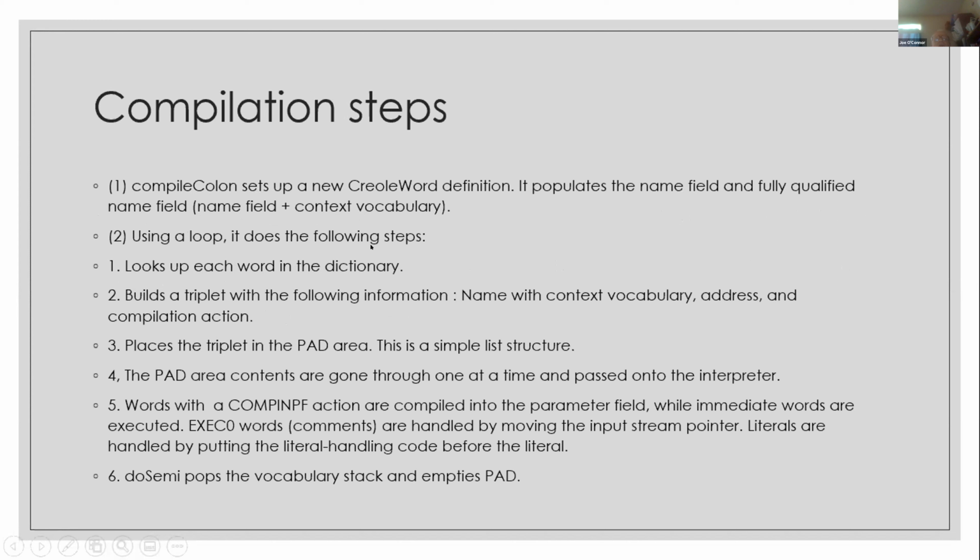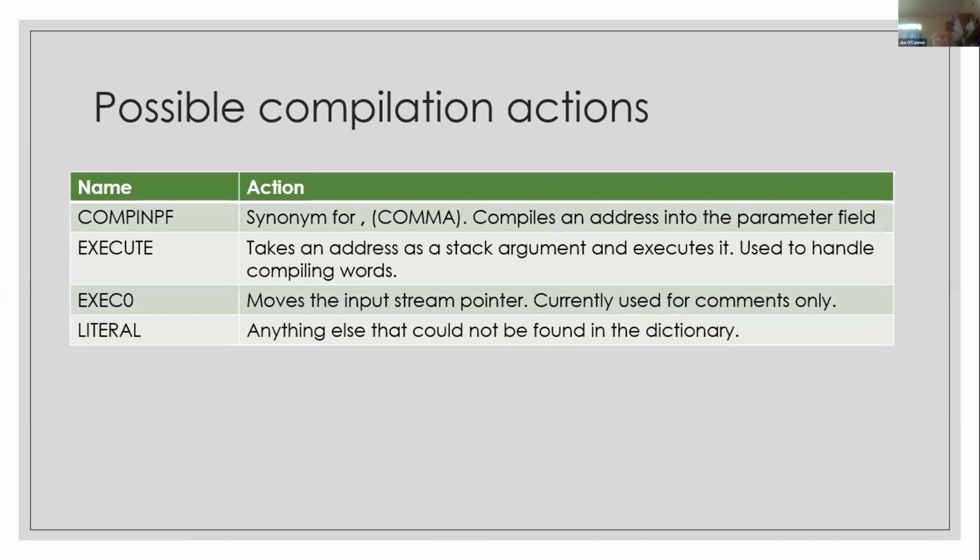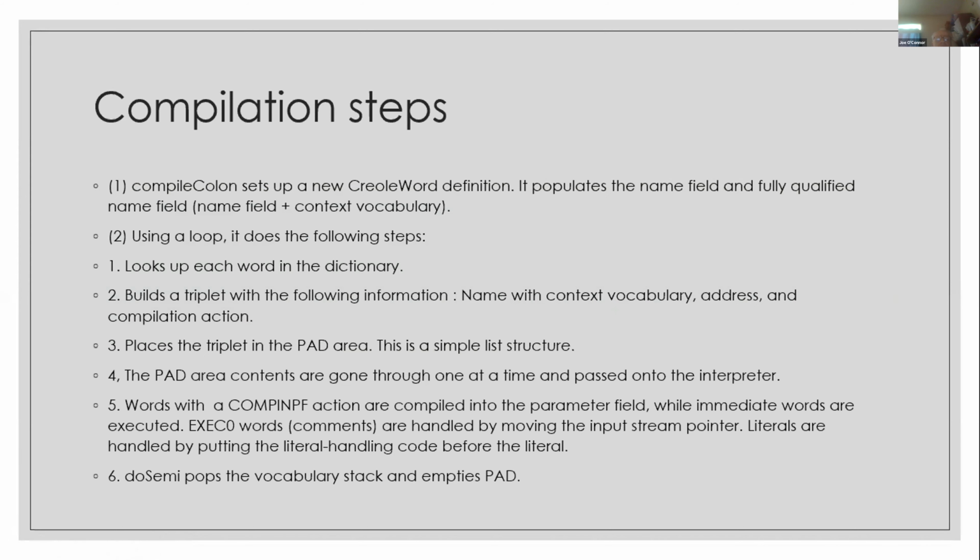So if I define the primitive hello in the Forth vocabulary, its full name is hello.forth. Using a loop, it does the following: it looks up each word in the dictionary and builds a triplet with the following information: name with context vocabulary, address, and compilation action. It places the triplet into the pad area.